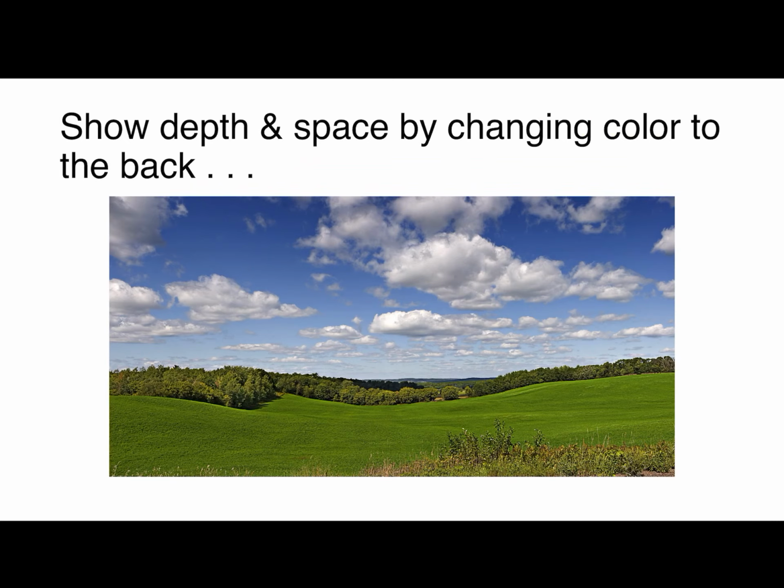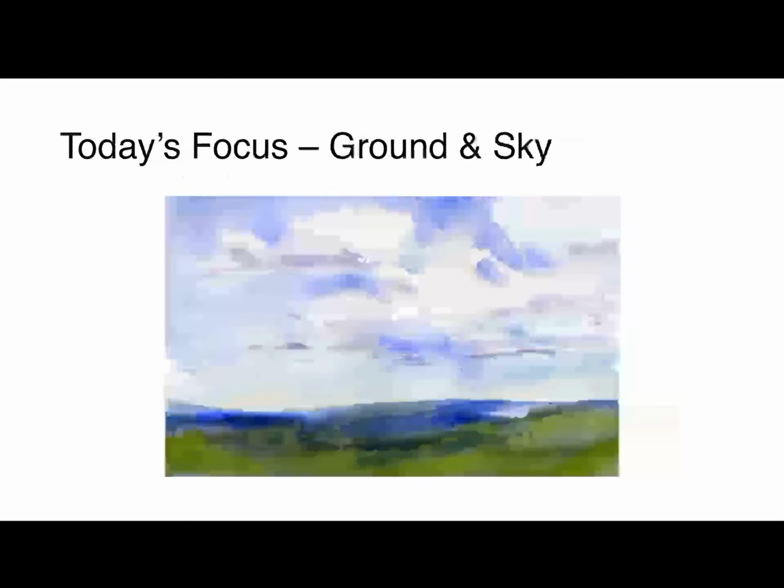And then the tiny little spot of further distance gets bluer and less green. Okay. So we're going to replicate that effect in watercolor by just painting what I call ground and sky as a beginning. We're going to start the painting tomorrow.